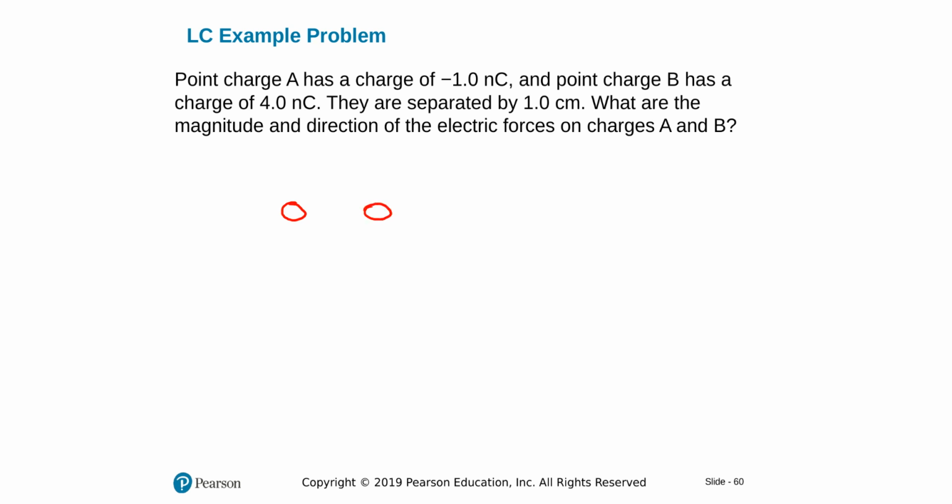We have the full solution on the next page, but let's call them A and B. Charge A is -1 nanocoulombs, that's -1 times 10 to -9 coulomb, and charge B is +4 nanocoulomb, 4 times 10 to -9 coulomb. And forces, they are positive and negative. Let's draw the distance in between them.